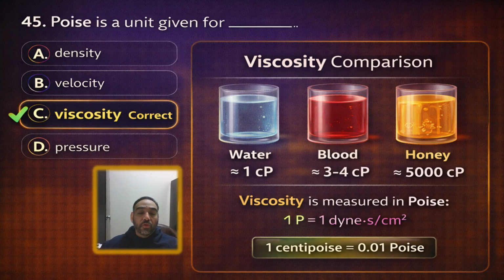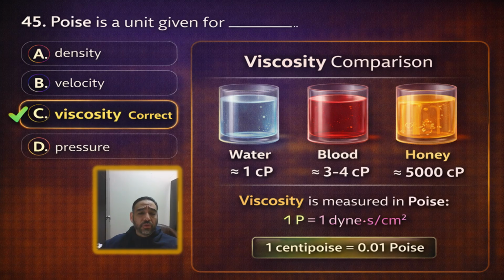And why are the other answers wrong? Just by units alone, we can look at this. So the A was an option, density. So density, if you remember from physics, is measured in grams per centimeter squared or kilograms per meter squared, right? So that's mass per volume there. So that's not poise for sure. B is velocity.